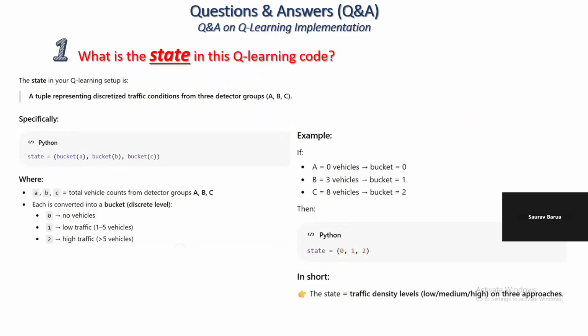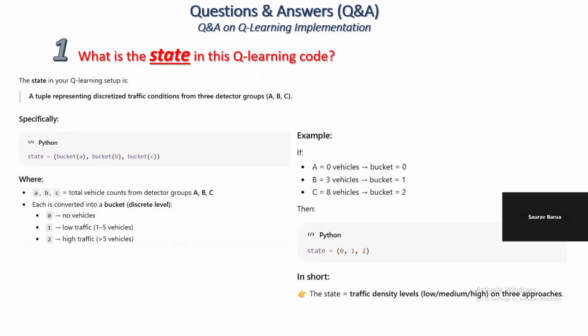Firstly, about the state. What is the state in this Q learning? Here we use a Python tuple, and the tuple represents traffic conditions by three groups of detectors, that is A, B, C, and each detector will detect the state, and the states are small a, b, c, with corresponding values 0, 1 or 2.